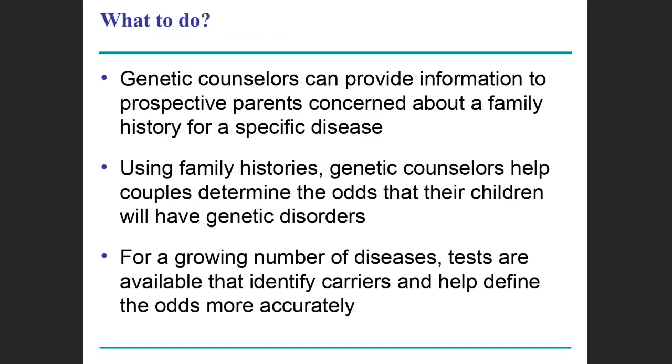So what to do? Well, we do have tests for many genetic disorders, so it's possible. You can get tested. They do a lot of genetic analyses. You can determine if you have certain mutations which make you at higher risk. I mentioned breast cancer. There's more than one mutation that increases your risk. A common one is the BRCA mutation.